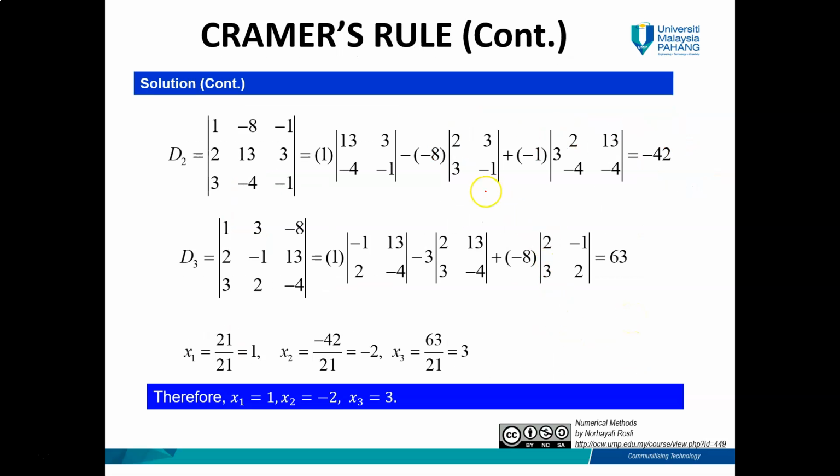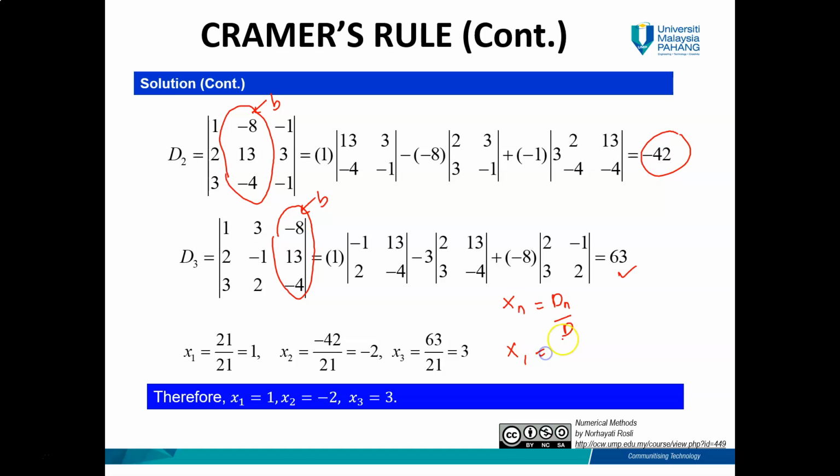For D2, the second column, originally from the A matrix, you change to the B vector. Computing the determinant the same way, you get -42. For D3, the third column is replaced by vector B, and when you solve it, you get 63.